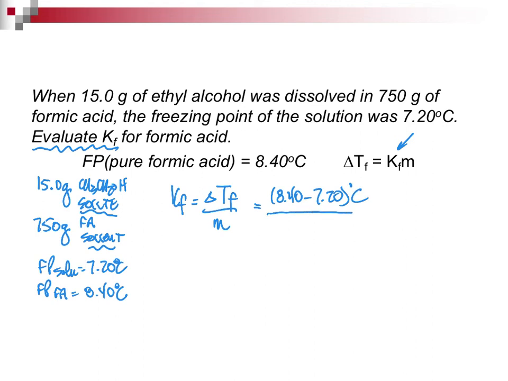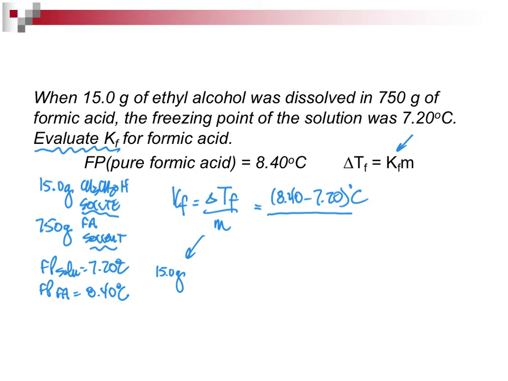And what is our molality? Well, I think I did this one on the side. I said I have 15 grams of ethyl alcohol, and I know 1 mole weighs 46 grams, and my value of kilograms of formic acid, 0.750 kilograms of formic acid.